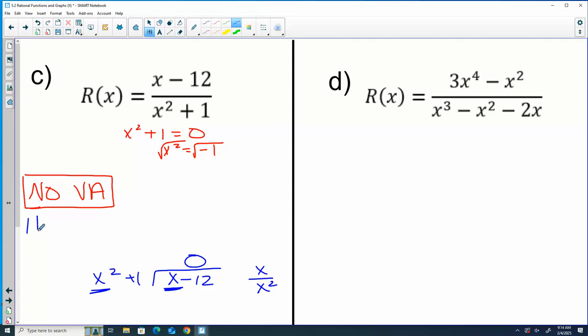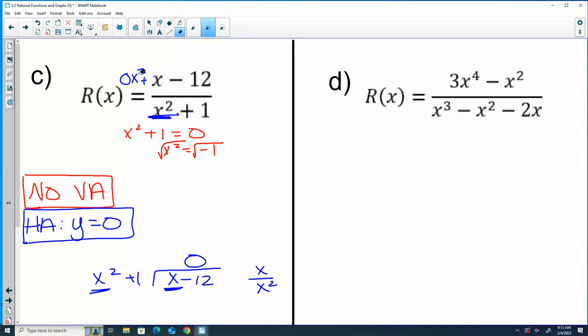So my horizontal this time is y equals 0. And it happened because on the bottom we have an x squared. There's like 0x squared on top. And if you take 0x squared divided by 1x squared, you get 0. So that's why the rule I said, you divide those leading powers. You have to think about your highest power of x.